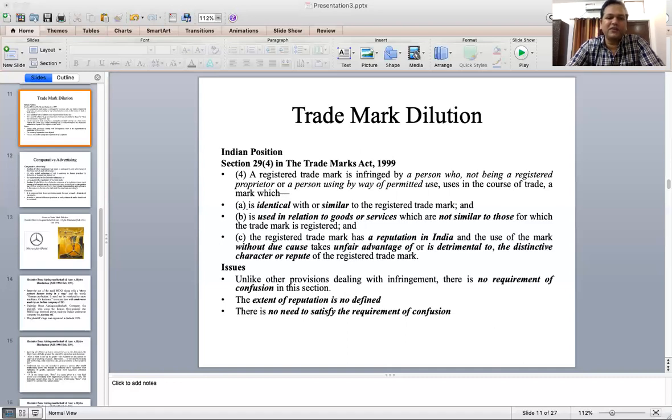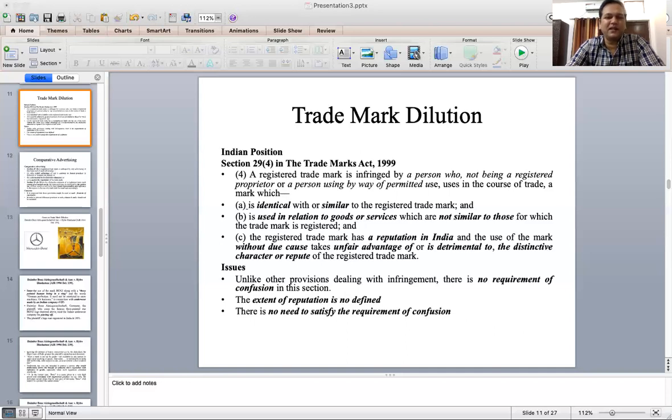If you go by this provision, you have to pay heed to certain things. As it goes, a registered trademark is infringed by a person who, not being a registered proprietor, or a person using by way of permitted use.